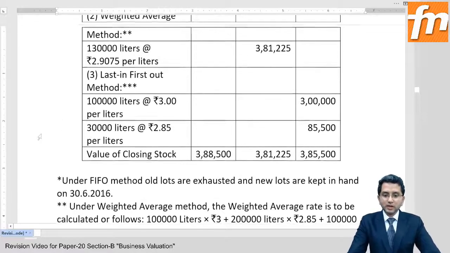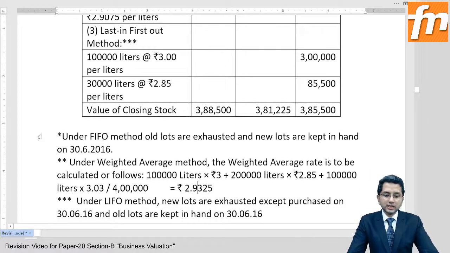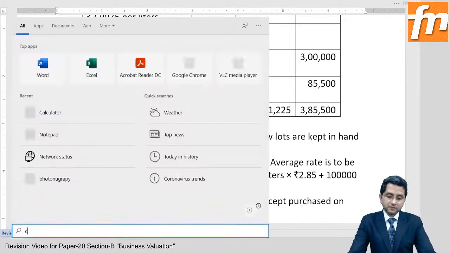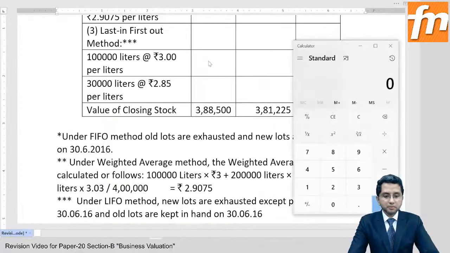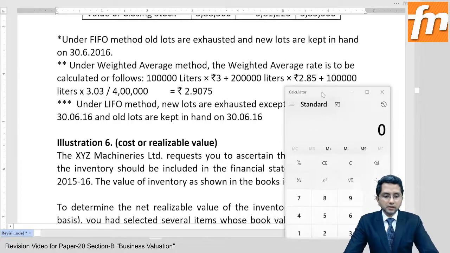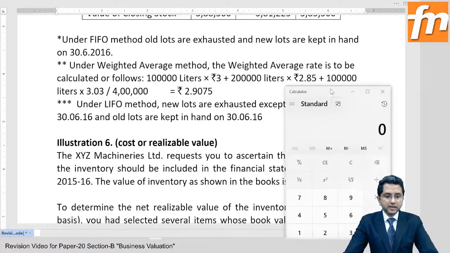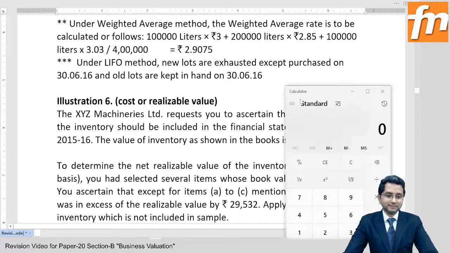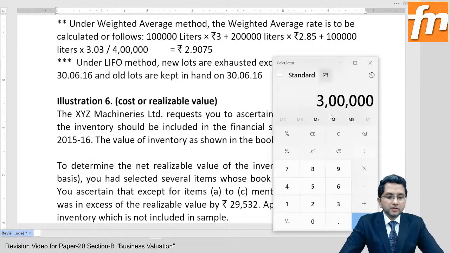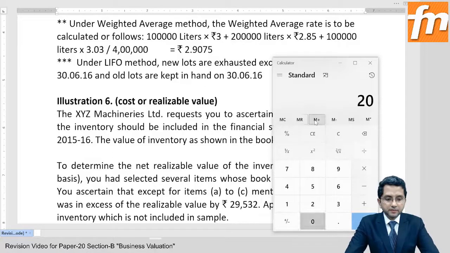Let me check. Is it 2.9? I think this is 2.9075. Let's cross check this. So this is simple. First of all, 3 lakh rupees I should take. 3 lakh rupees I'll keep in memory. And then 2 lakh into 2.85, that's 570.